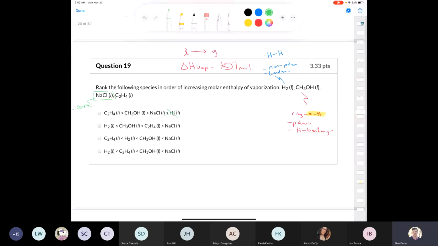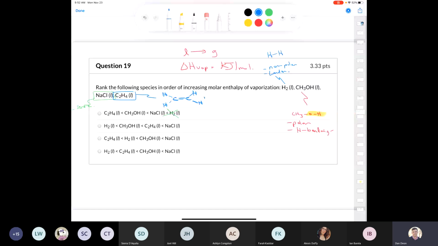And then we have C2H4. C2H4 is ethylene. You don't have to know the name of ethylene, but you might want to draw the Lewis structure. C2H4 is this molecule right here. There are no polar bonds in ethylene. Okay, there is a slight dipole between carbon and hydrogen, but the difference in electronegativity is only 0.4, and so we say that that's a non-polar bond.